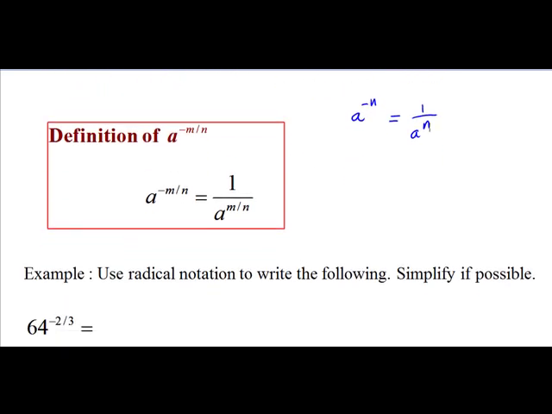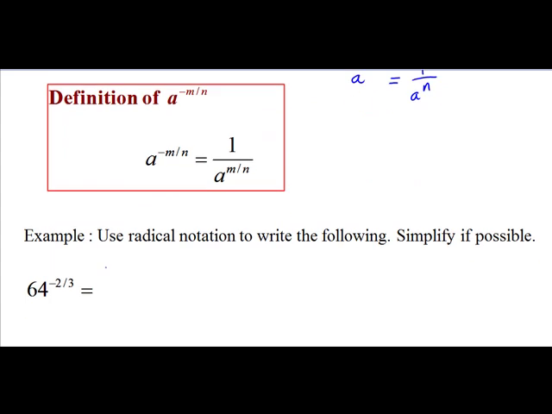So I have to rewrite this to a positive exponent by putting 1 on the top, and 64 to 2 over 3. Then we continue to simplify. So the 3 is our index, it's the cube root, then 64. Now I like to put the square outside.